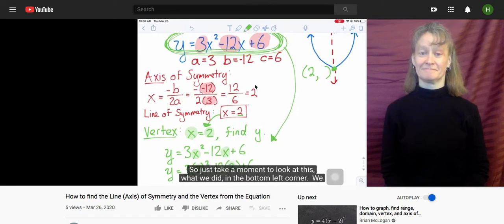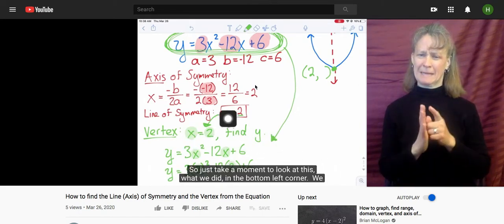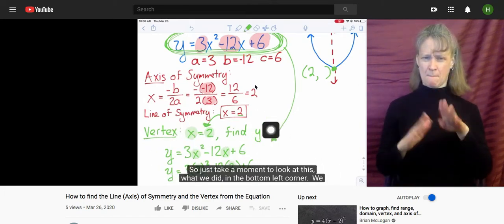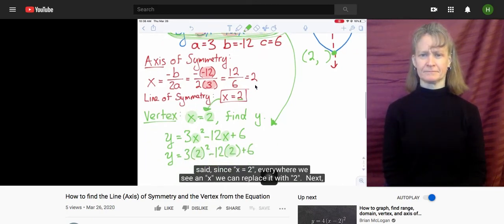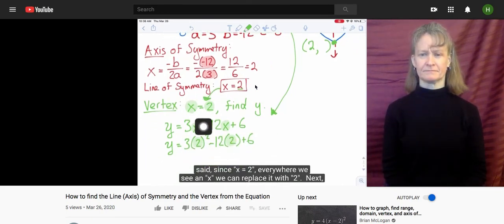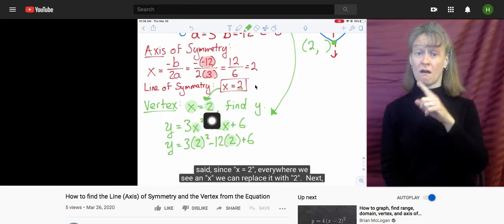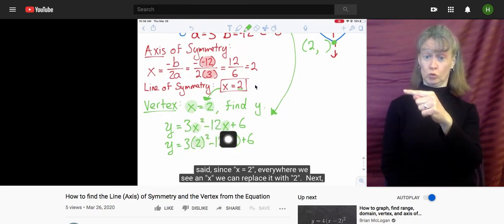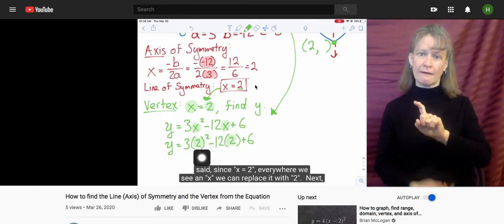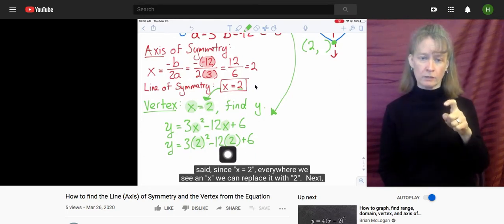So just take a moment to look at this, what we did in the bottom left corner. We said, since x equals 2, everywhere we see an x, we can replace it with 2.